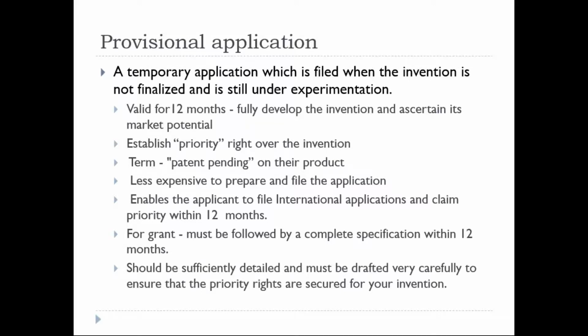Please understand this very clearly. Whatever you are going to disclose in the provisional application, it should be of the same invention throughout, right? This you need to understand very, very clearly, right? What is the identity of disclosing clearly all our invention, what is the invention which we are going to develop.